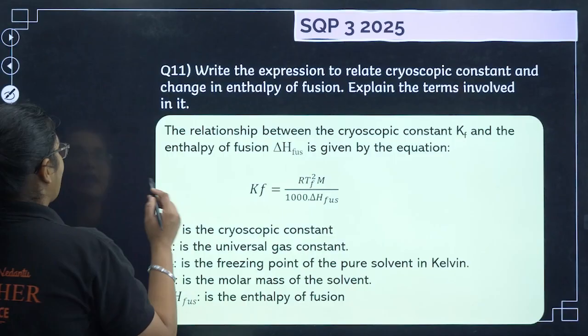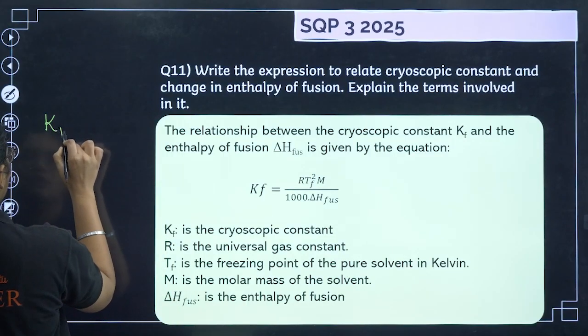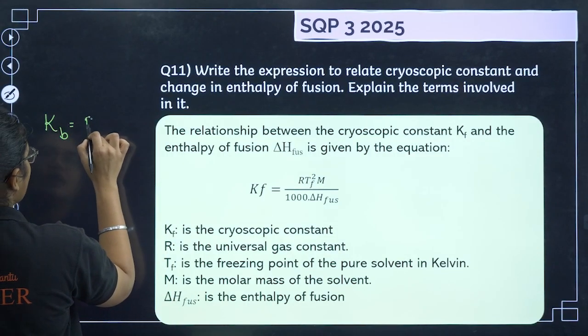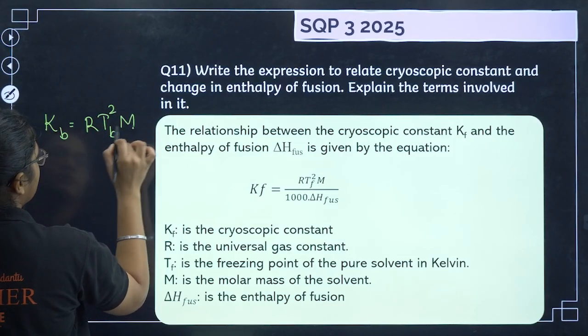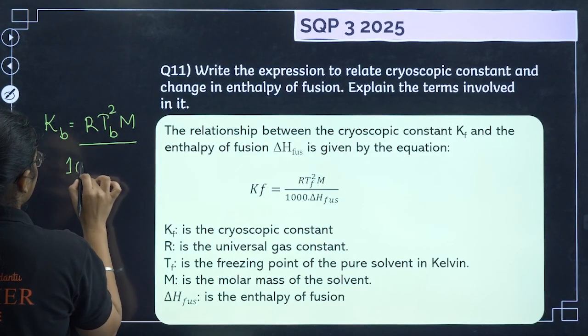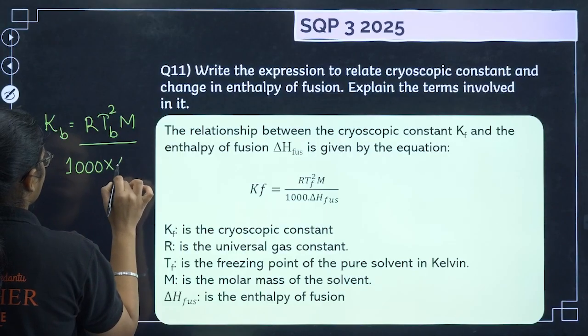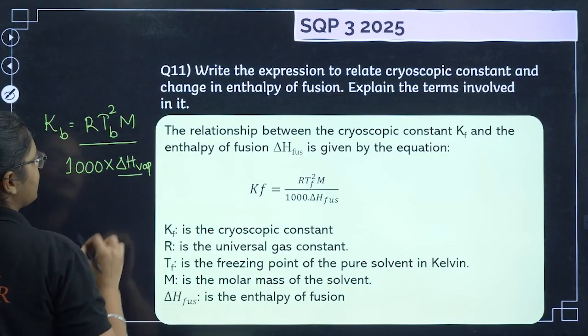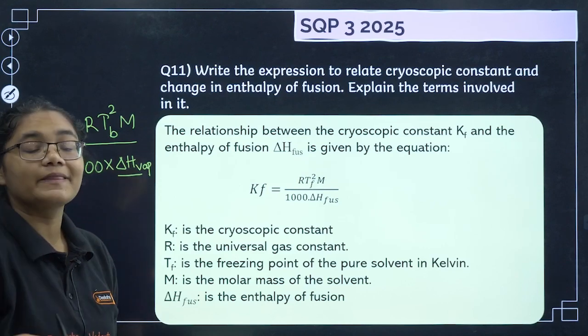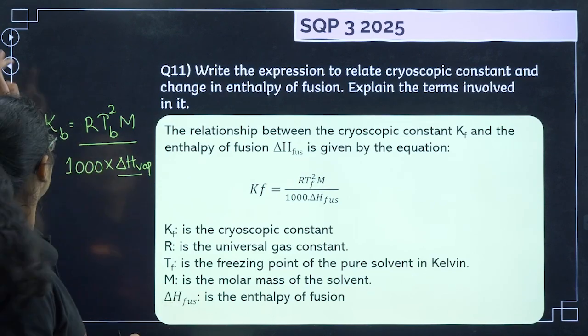Now here you should know that we also have a similar formula for Kb, which is R Tb² M / (1000 × delta H vaporization). Here delta H vap is the enthalpy of vaporization.